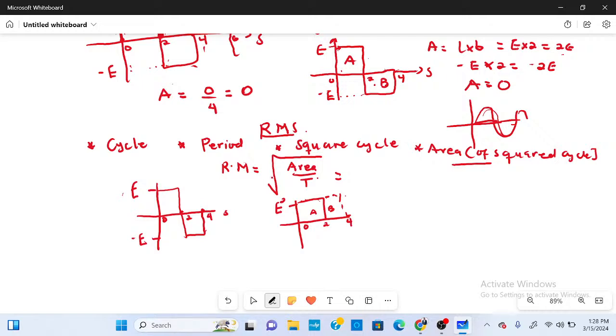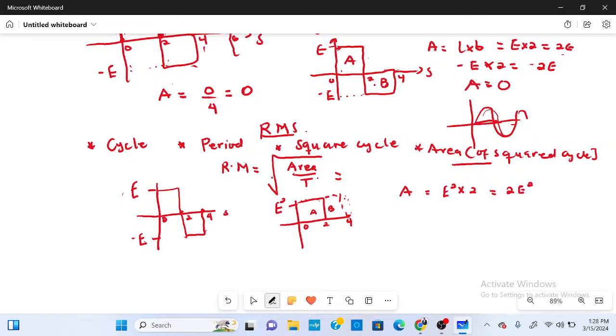So with the cycle here, since I have two rectangles, I can find them separately. Finding the area of the first one, I'll have its length here, which is E squared, multiplying its width, which is from this side to this side, which is 2, giving me 2E squared.